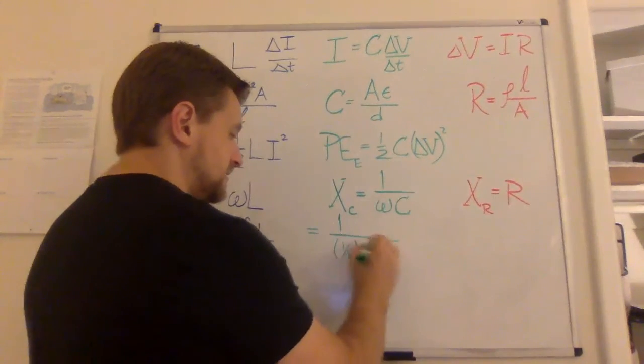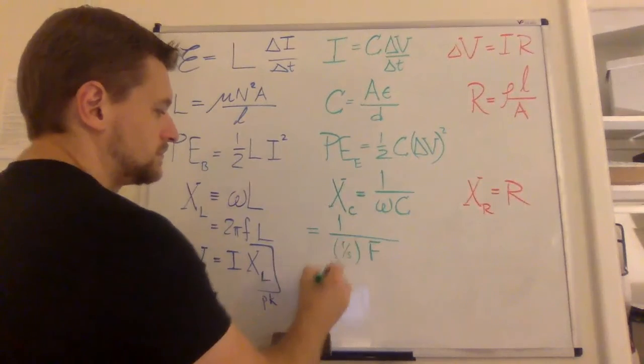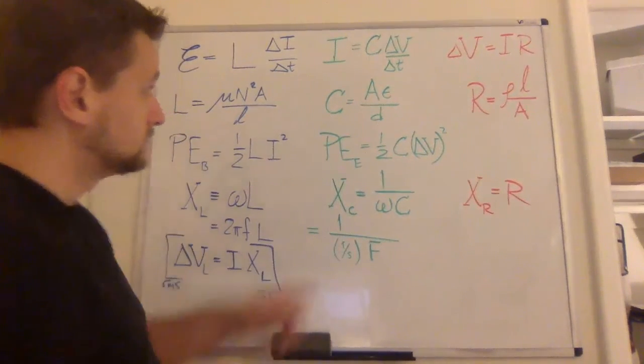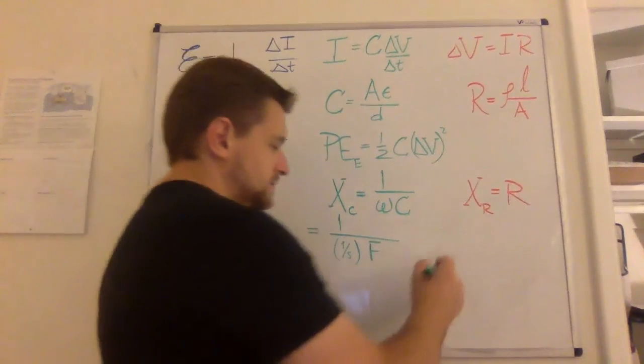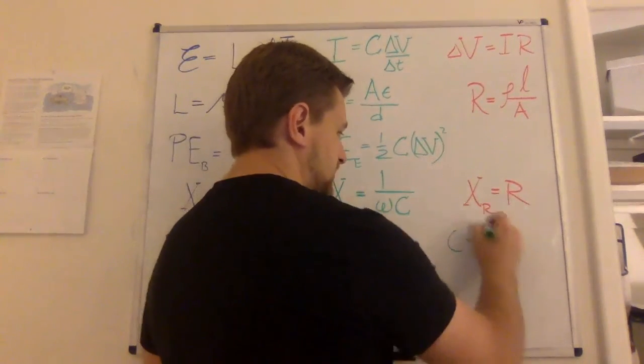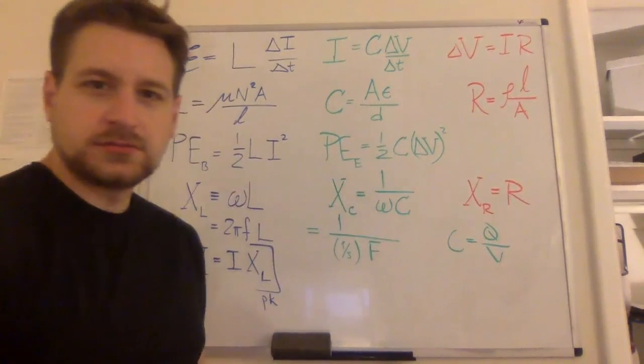Capacitance, which is farads. Now, a farad, hold on, C was Q over V, so this is a coulomb per volt.